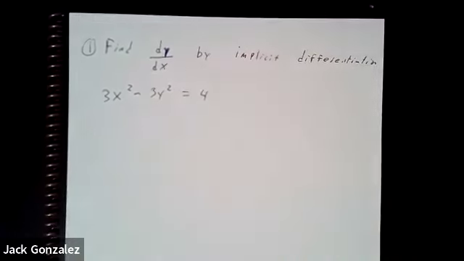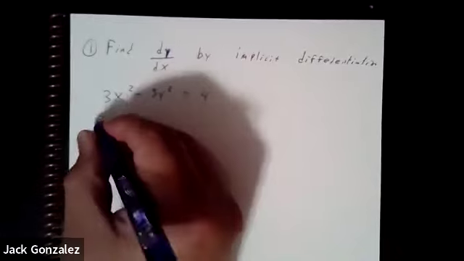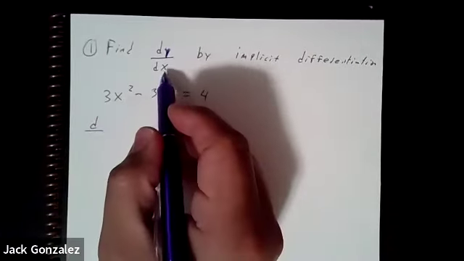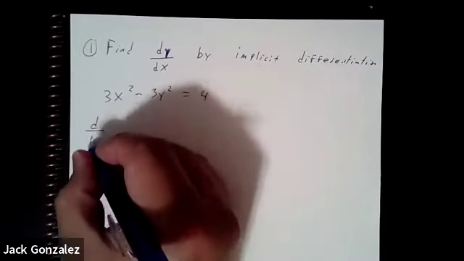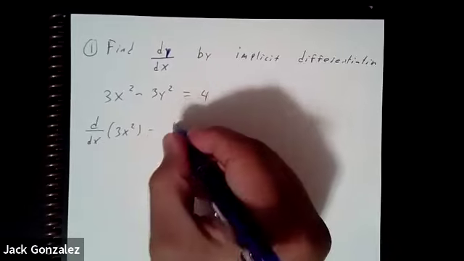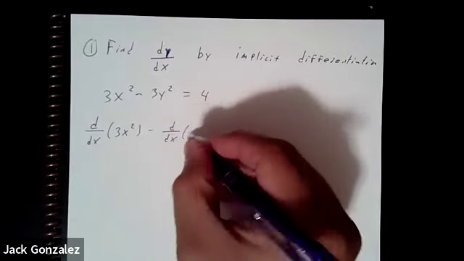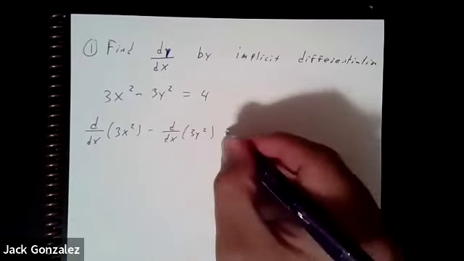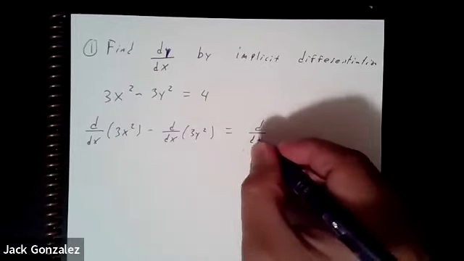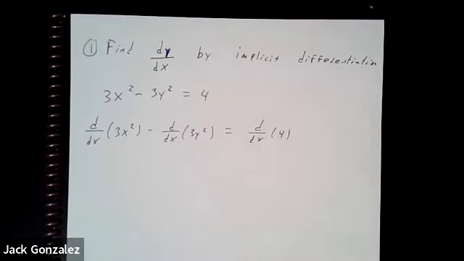Let's do something simple first. So d dx of both sides. Since it's a dy dx, we'll have to do d dx of every single term.